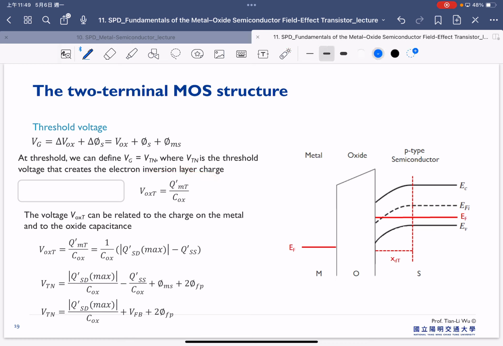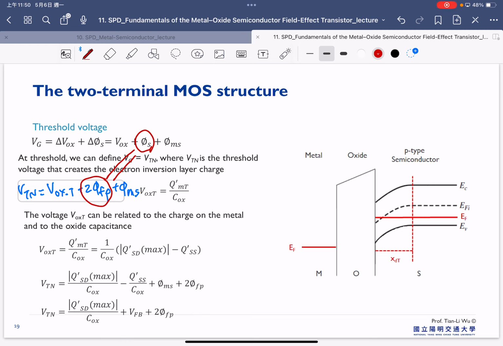So VTN is equal to VXT plus 2 phi FP plus phi MS, because at this moment phi S is equal to 2 phi FP. This is something we have already mentioned: the condition that we start to have an inversion is phi S equal to 2 phi FP.